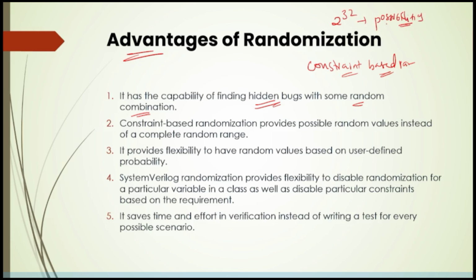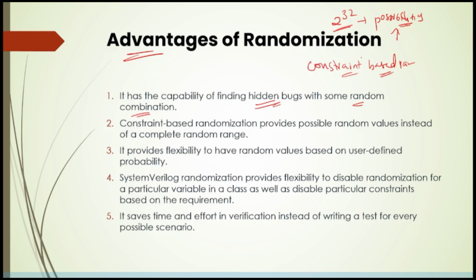But among these 2 power 32 random possibilities, there may be some cases where you don't need to check all the possibilities, where you need to check only some. In such cases, if we are not limiting these 2 power 32 possibilities the way we want, it may take a lot of runtime, and the space, memory and runtime will all be wasted.